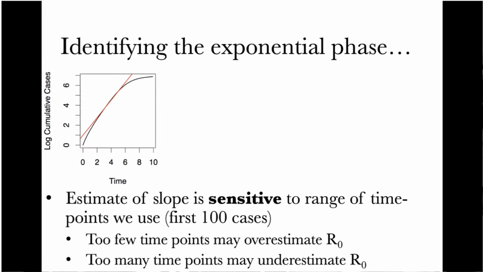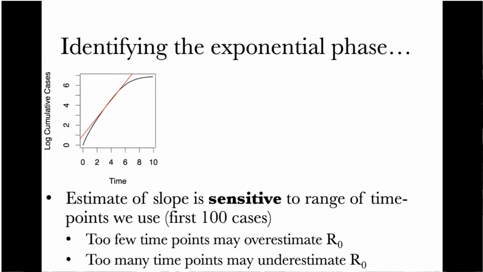So if you pick a very wide range in time, you might pick a phase that is not exponential, meaning it's actually plateauing, because the susceptibles are being depleted in the population over time.